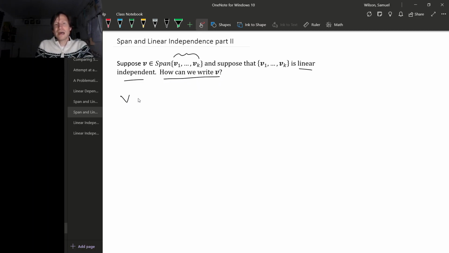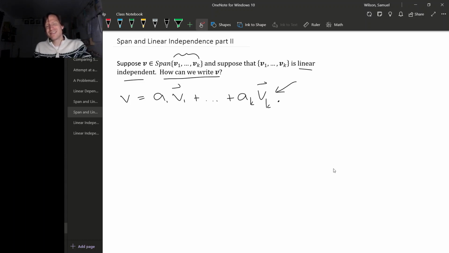Well, since v is in the span of v1 through vk, it is possible to write v as a linear combination of v1 through vk, like this. So there's at least one way to do this, but what we've seen is sometimes there's more than one way to express a vector as a linear combination of other vectors.